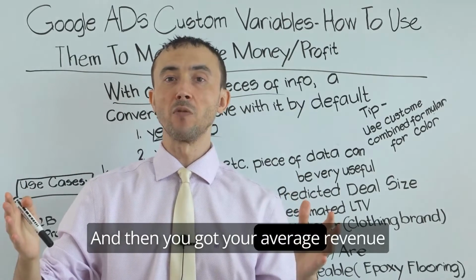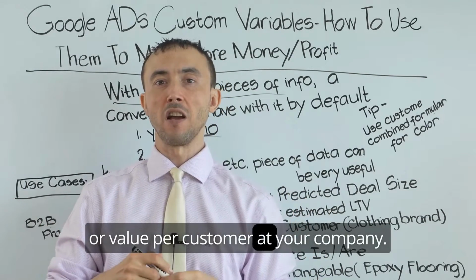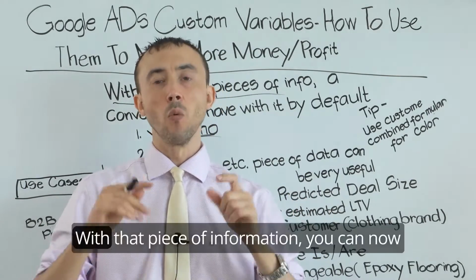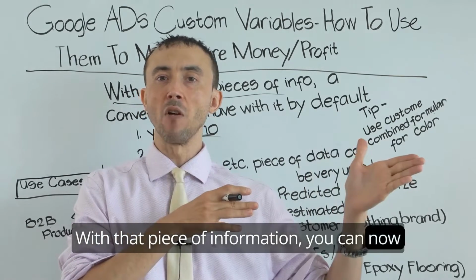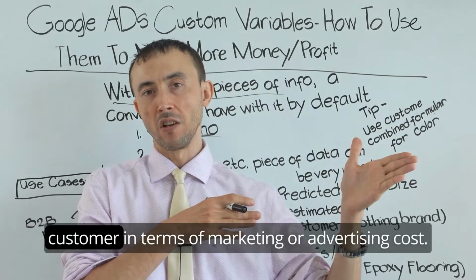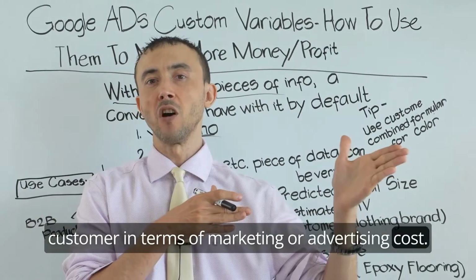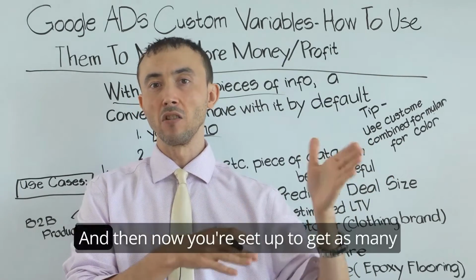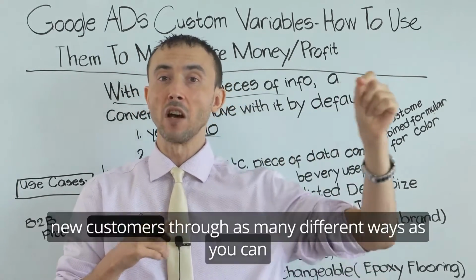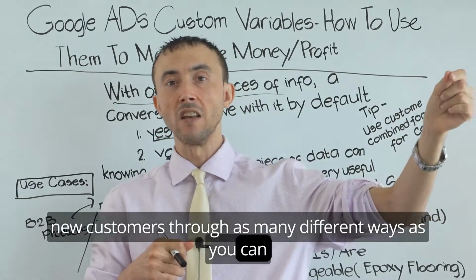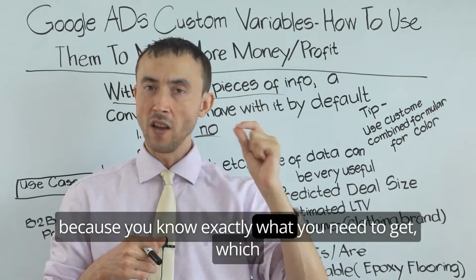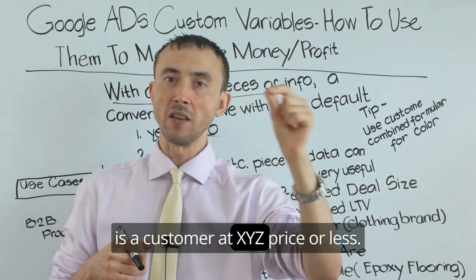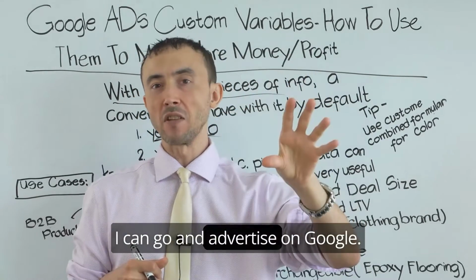And then you've got your average revenue or value per customer at your company. With that piece of information, you can now understand what you can pay for a new customer in terms of marketing or advertising cost. And then now you're set up to get as many new customers through as many different ways as you can, because you know exactly what you need to get, which is a customer at XYZ price or less. I can go and advertise on Google.